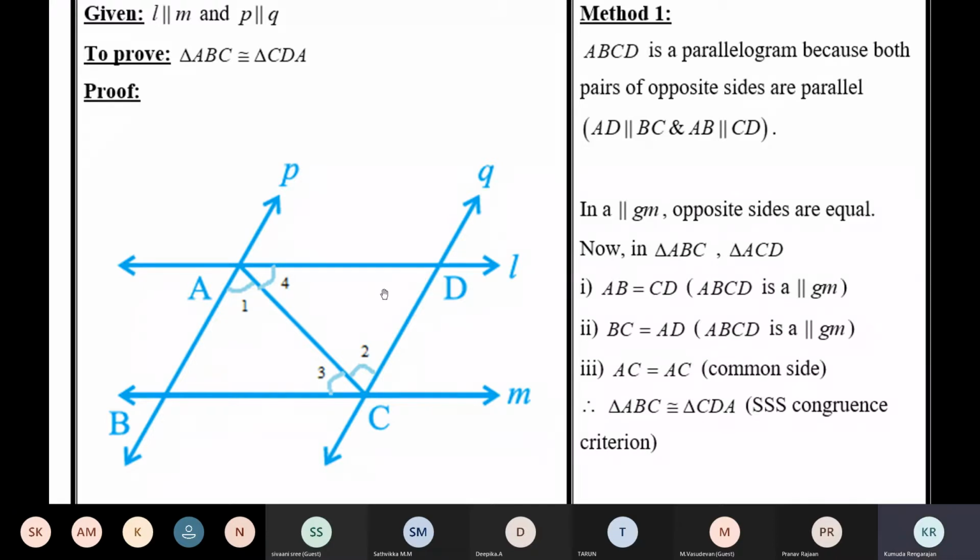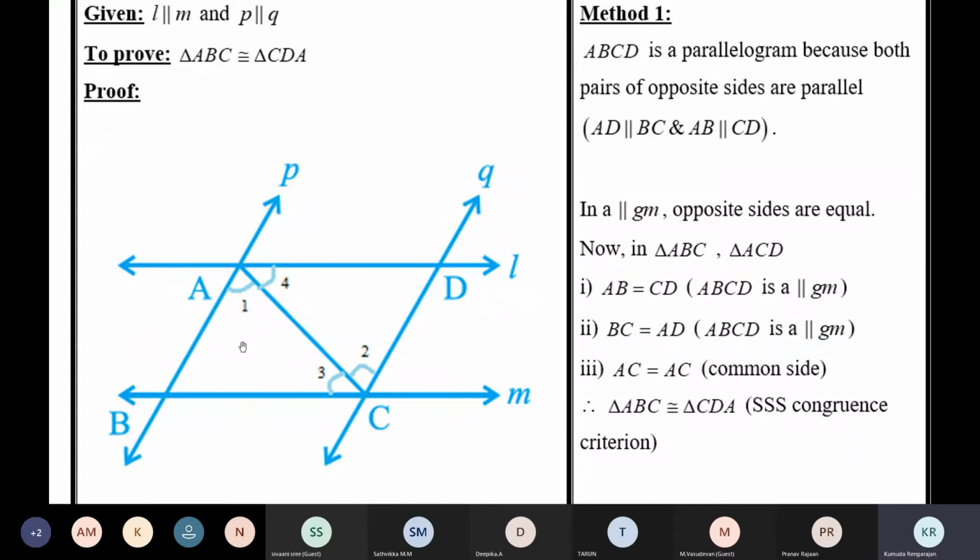So now take up the triangles which we have to prove are congruent. So this is the preparation. Before you take up the triangles and show that they are congruent, this is the preparation: proving that the quadrilateral ABCD is a parallelogram.